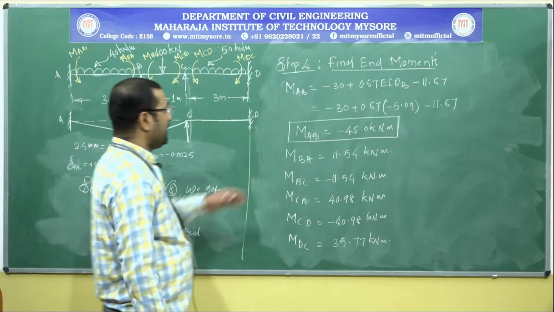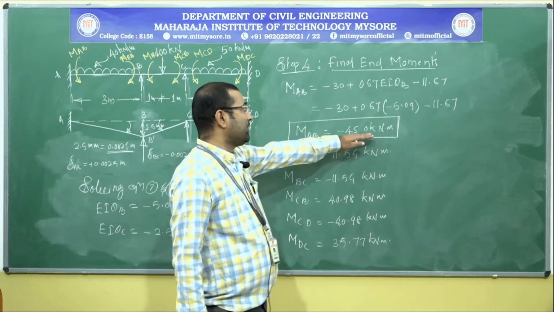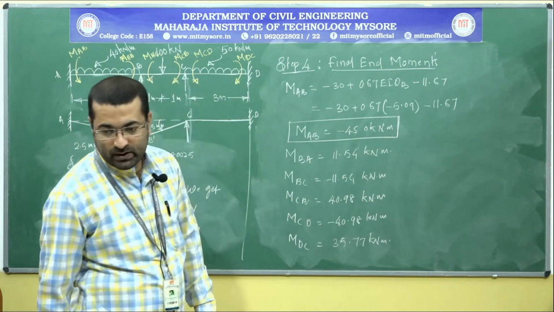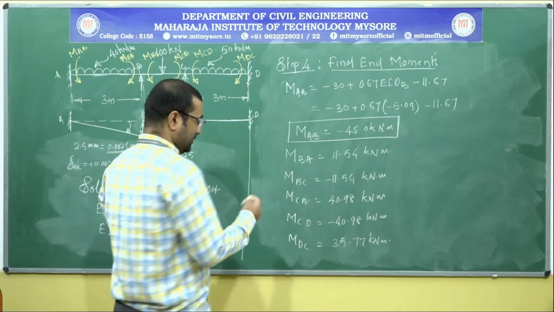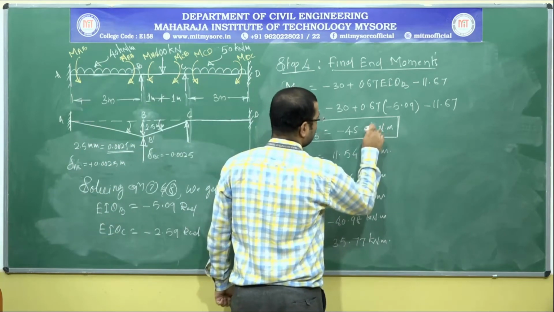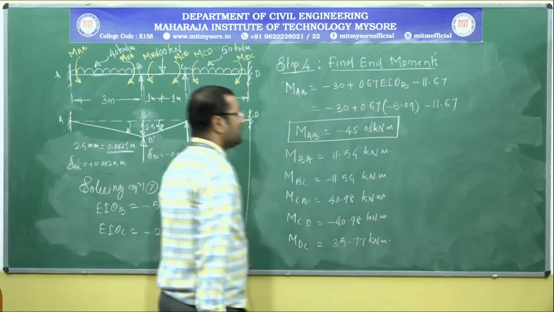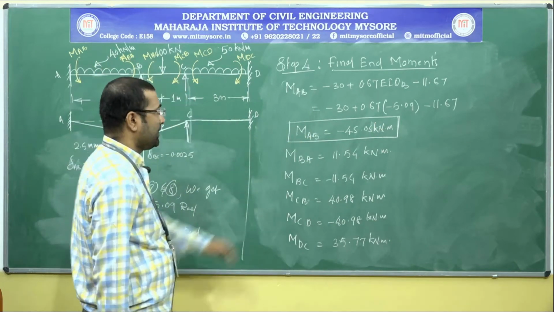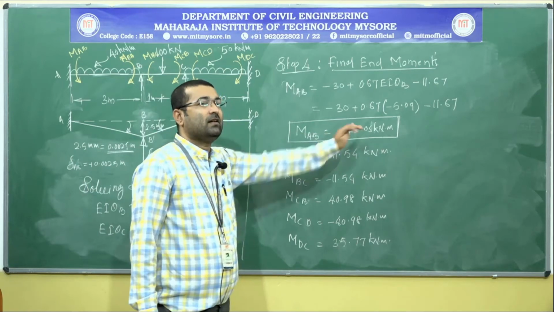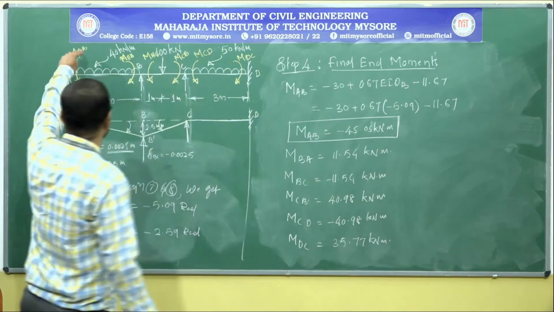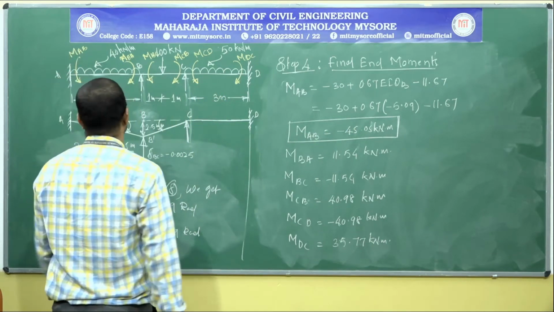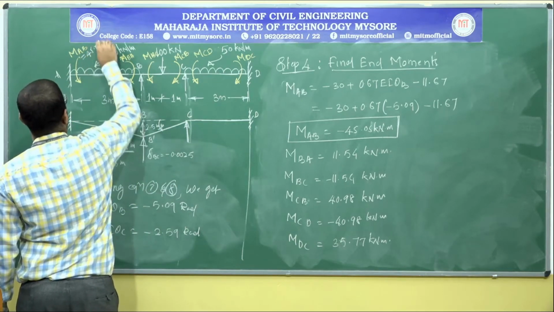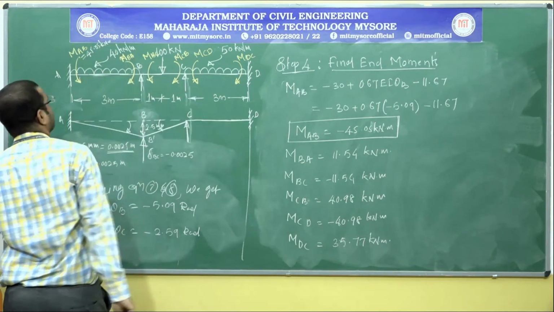See, MAB is minus 45.05 kilonewton meter. We need to represent this value on the main diagram. As it is minus, it means it is an anti-clockwise moment. So here I have written the anti-clockwise moment, and this will be 45.05 kilonewton meter.